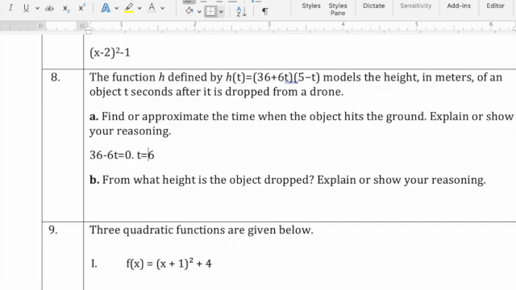Actually, it equals 6. Sorry, t equals 6, because we have the 6 is negative. So negative 6 times 6 is negative 36. So 36 minus 36 is 0.